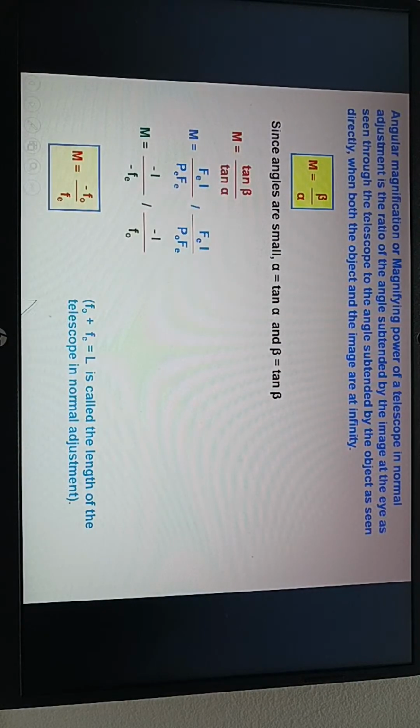D by F is there, no? D by F. This one is quite different. Don't do this. This you do from the textbook only.